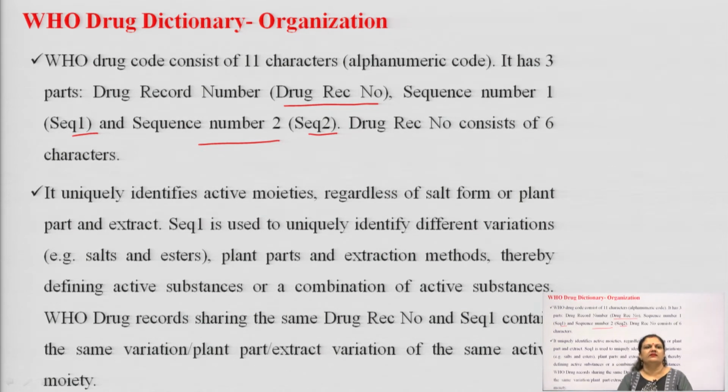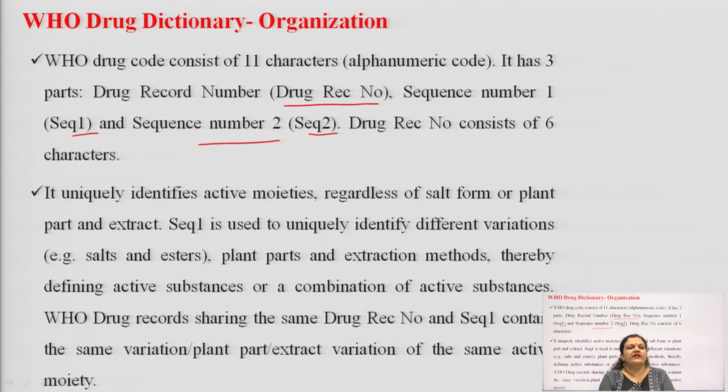The second one is the drug recording number. It also consists of 6 further different characteristics which will be helpful globally for detailed information about the different classes of drug. It uniquely identifies the active moiety. It will tell the main API, the active pharmaceutical ingredient, or the main nucleus moiety of the drug which is responsible for the therapeutic effect, or the pharmacology of the drug.